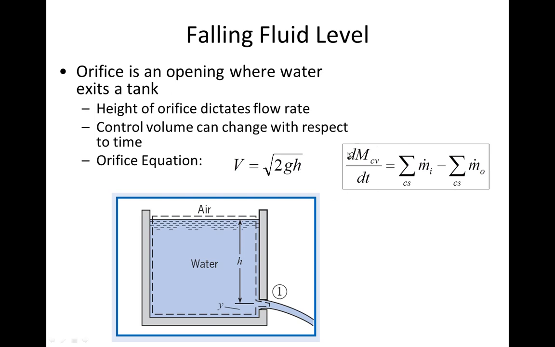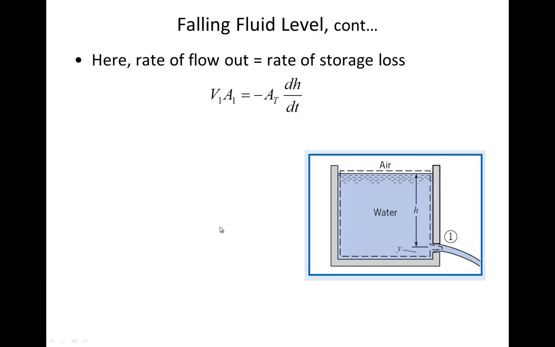The continuity equation, as represented here, says that the change in mass over time, dm/dt, of the mass inside of the control volume is due to the mass flow rate in through control surfaces and the mass flow rate out through control surfaces. The control surfaces are those boundaries of the control volume that liquids either enter or exit. And here, as depicted, there's no flow in, there's only flow out.